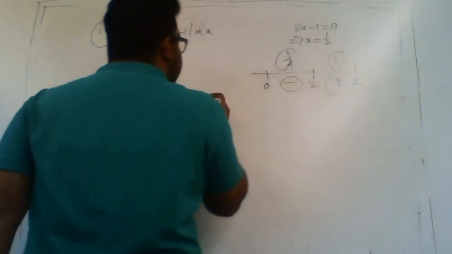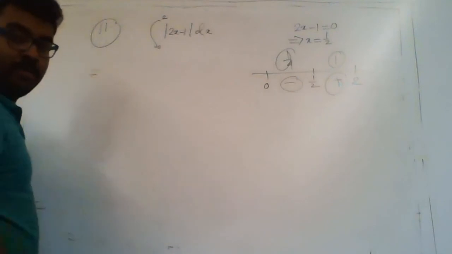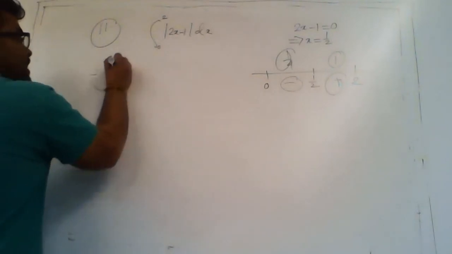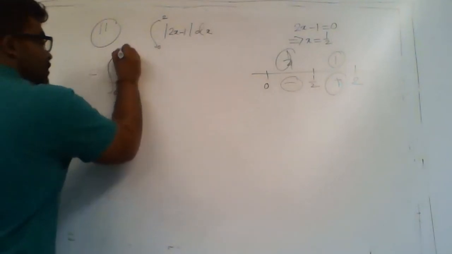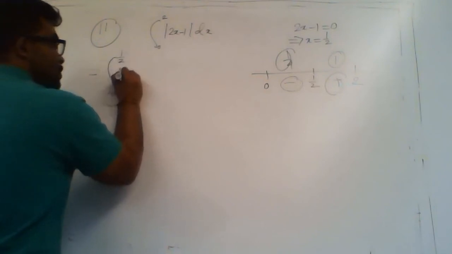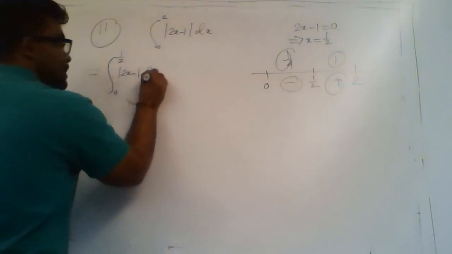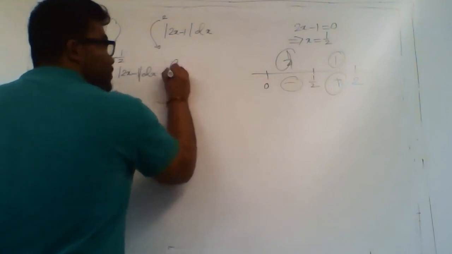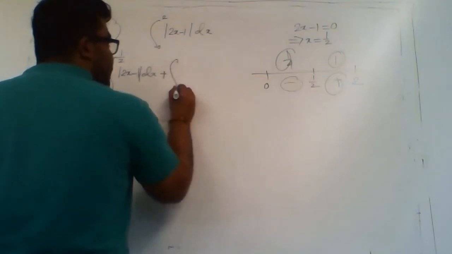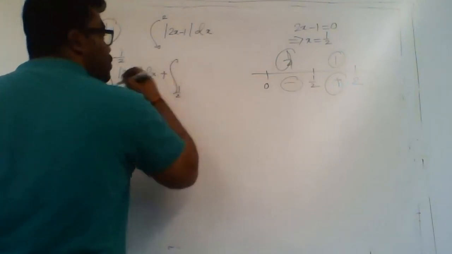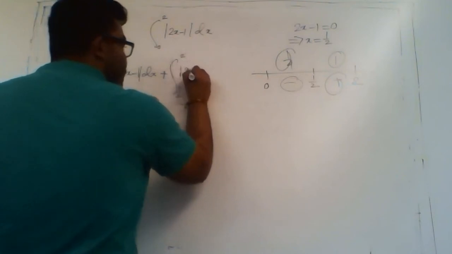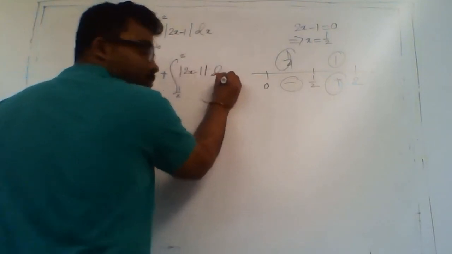That means when you open this from 0 to 2, you will break it as integral from 0 to half of mod of 2x minus 1 dx, plus integral from half to 2 of mod of 2x minus 1 dx.